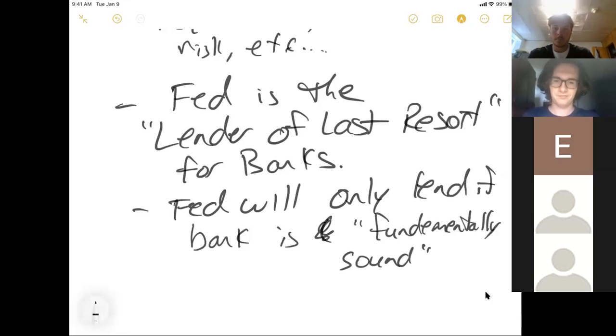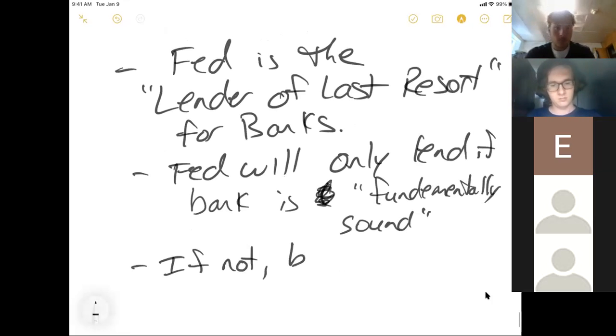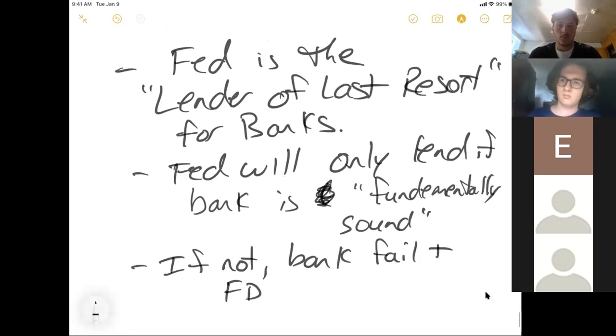The Fed will only lend if a bank is fundamentally sound. In other words, if the bank is in bad shape, the Fed is not going to lend to you. If that's not the case, the bank will fail and the FDIC takes over.